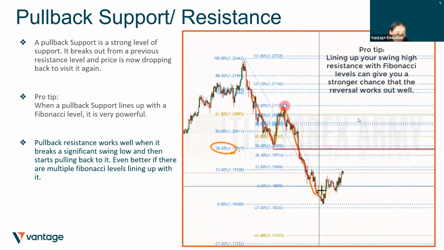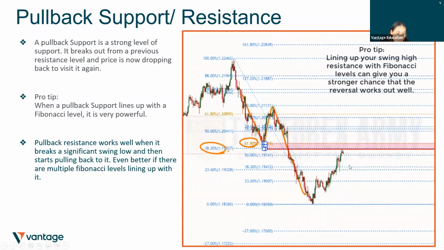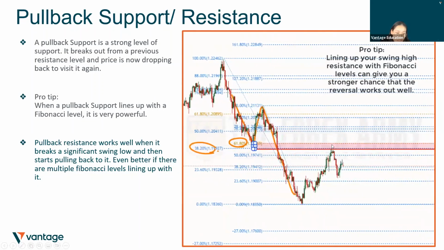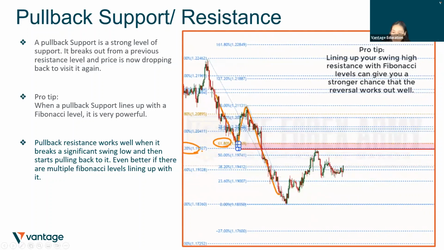And you want to take note of how we make sure that we are following market structure whenever we are putting a Fibonacci trend line. You can see price actually reverses off this area very nicely. Okay, let's move on.